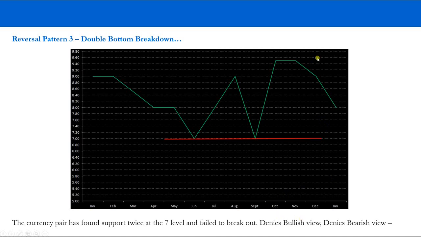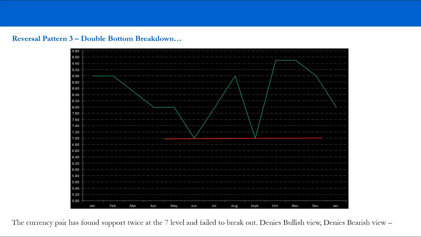But it's overall definitely denying a bullish view and denying a bearish view. However, we may look to trade on a starter or half position. But in these scenarios, it's more likely we're probably just going to stick it on the watch list and wait. We will wait for a better entry into the short.